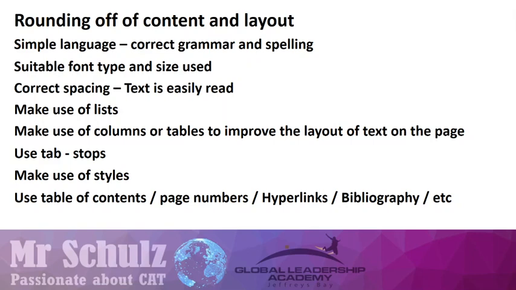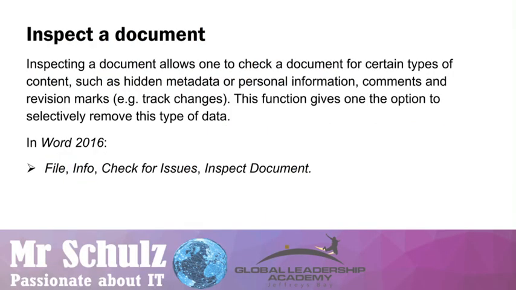Then we have to inspect our document. Inspection can be done in Word 2016 by clicking on the File tab, clicking on Info, and then you can select Check for Issues, Inspect Documents. The inspection of documents will check for certain types of content, such as hidden metadata, personal information, comments and revision marks, track changes, etc. This function gives one the option to selectively remove this type of data.